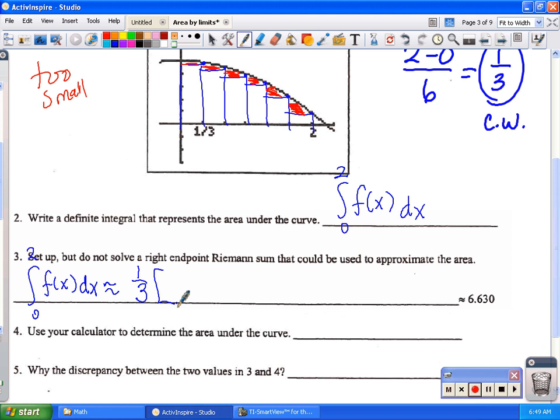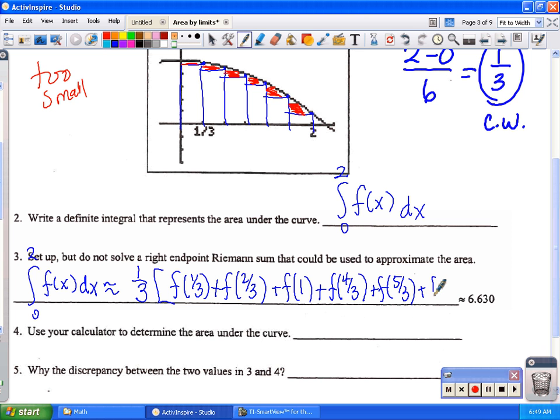The height of the first rectangle would be f of 1/3. The height of the second rectangle would be f of 2/3. The height of the third rectangle would be f of 3/3, which of course is 1. Then we have f of 4/3 plus f of 5/3 plus f of 6/3, which is 2.